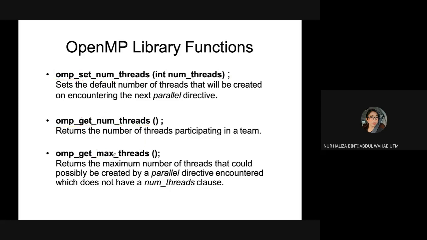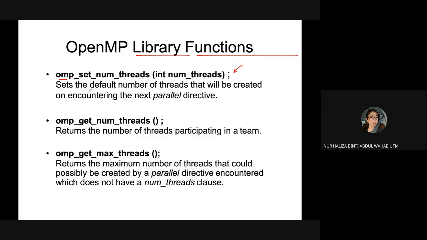So you need to know all of the OpenMP library functions. There are 5 altogether over here in our notes, which is set num threads, int num threads. What is the function of this library?